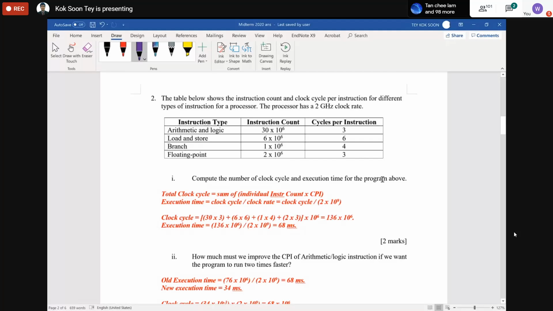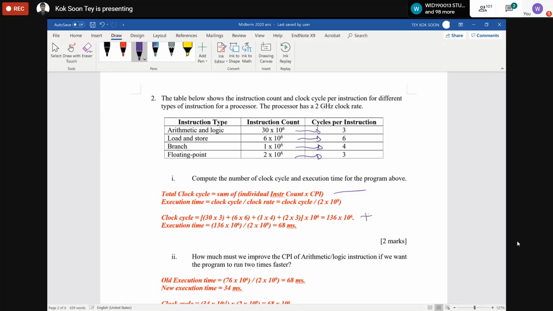They ask you to compute the number of clock cycles and execution time for the program above. So there's the formula. Total clock cycles is the sum of individual instruction counts multiplied by CPI. So just simply multiply this one by this one, and then sum them up.